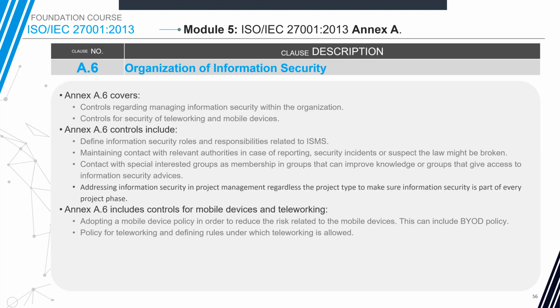You will find some controls to manage teleworking, where you are working from home, for example, or on the road, connected remotely to the organization resources, or through mobile devices, as in bring your own device, for example. Okay?